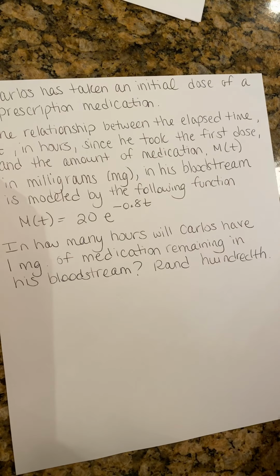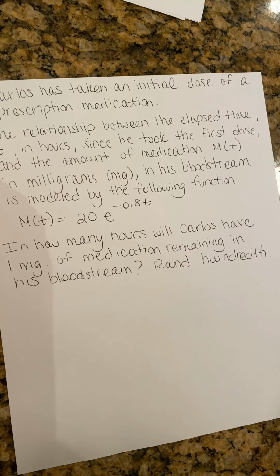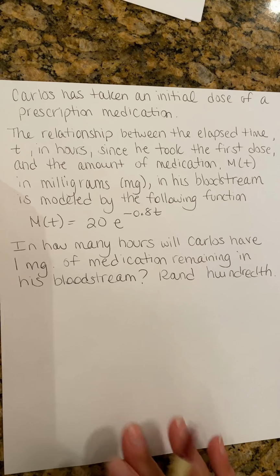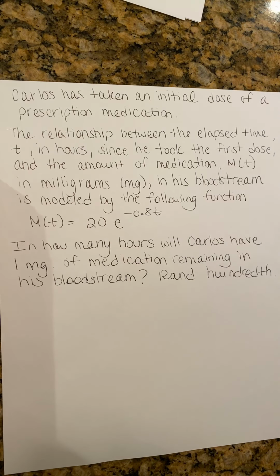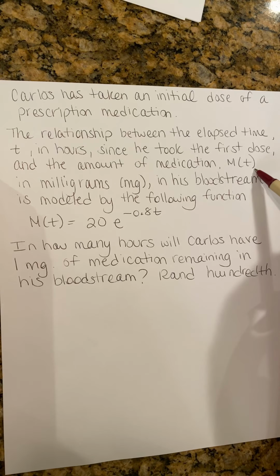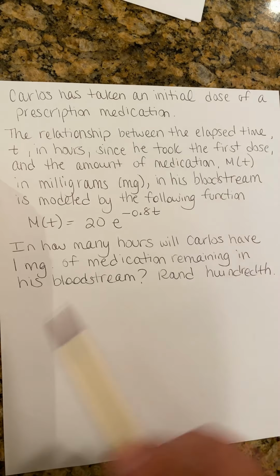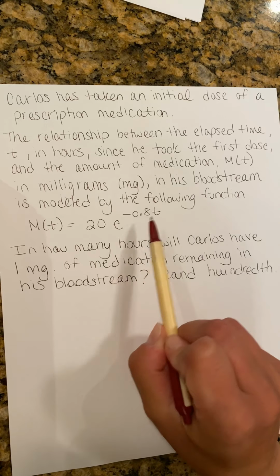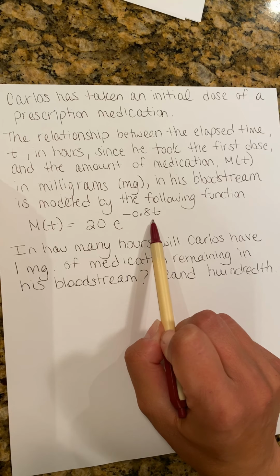All right, then we got one more. So, Carlos has taken an initial dose of a prescription medication. The relationship between the elapsed time t in hours since he took the first dose and the amount of medication m of t in milligrams in his bloodstream is modeled by the function m of t equals 20 times e raised to the negative 0.8t.